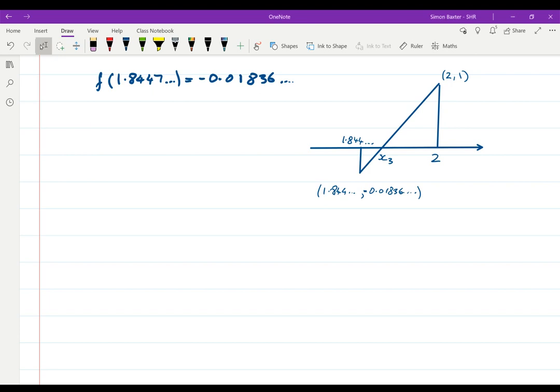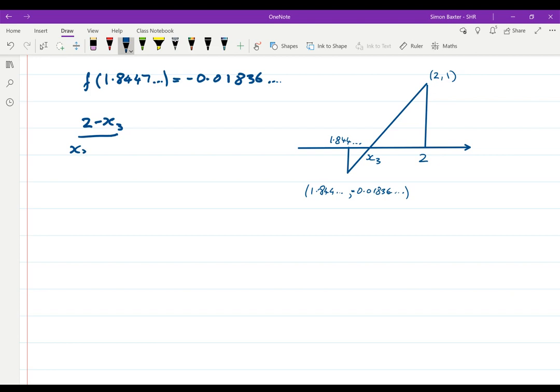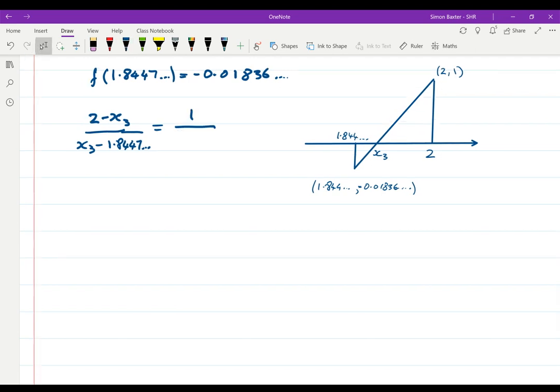So we have (2 minus x3) divided by (x3 minus 1.8447, etc.) is equal to the vertical length, which is 1, divided by 0.01836, etc. And if you press the buttons on that, you will get that x3 is equal to 1.84752, which is 1.848 to 3 decimal places.